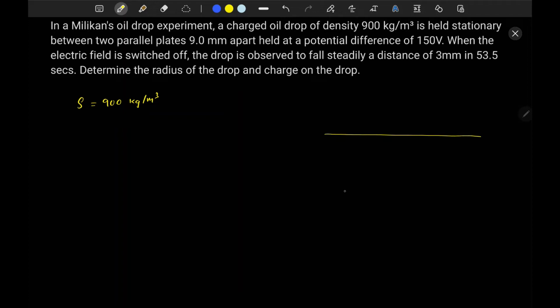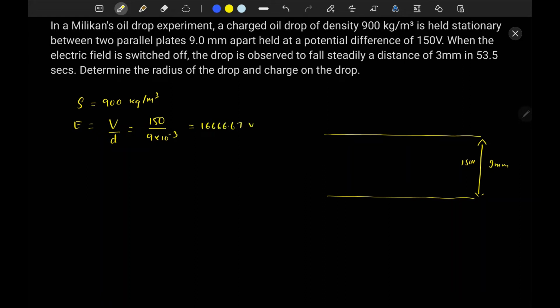So the electric field between the two plates is V by D, which is 150 by 9 into 10 power minus 3. This gives 16666.67 volt per meter.